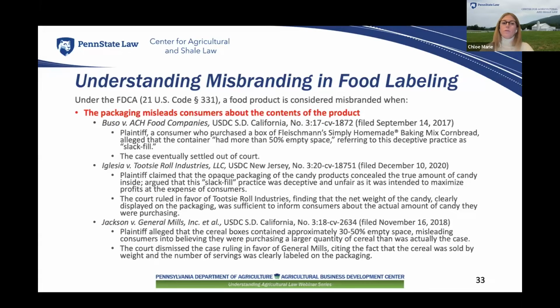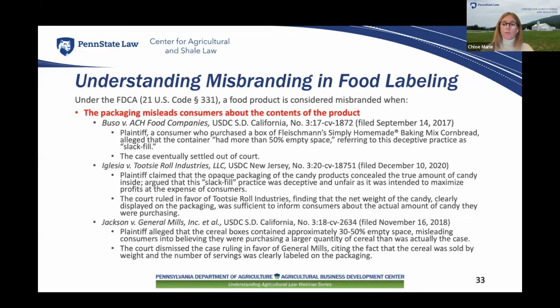Another reason why a food product would be considered misbranded is if the packaging misleads consumers about the contents of the product. For example, a container that is filled with air to make it appear larger than it actually is could be considered misleading because it deceives customers about the product's true quantity. I have listed here 3 cases.